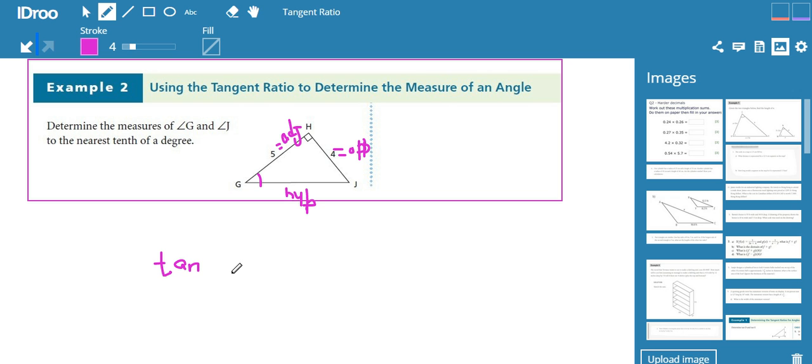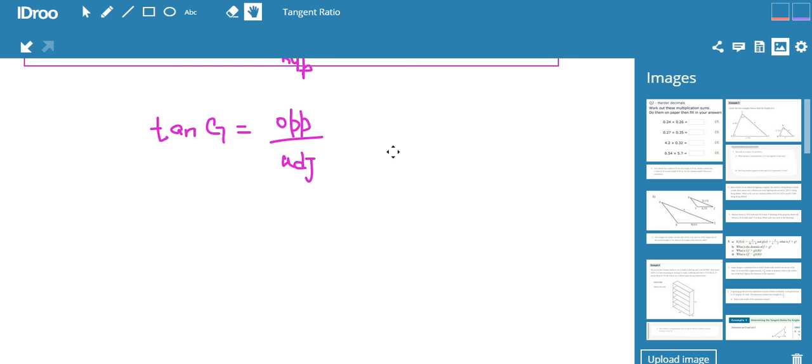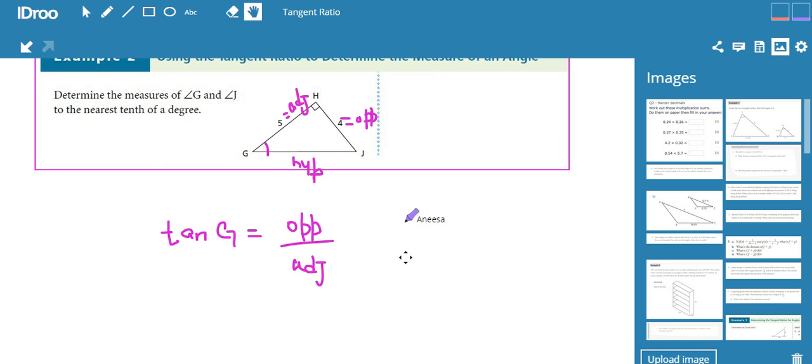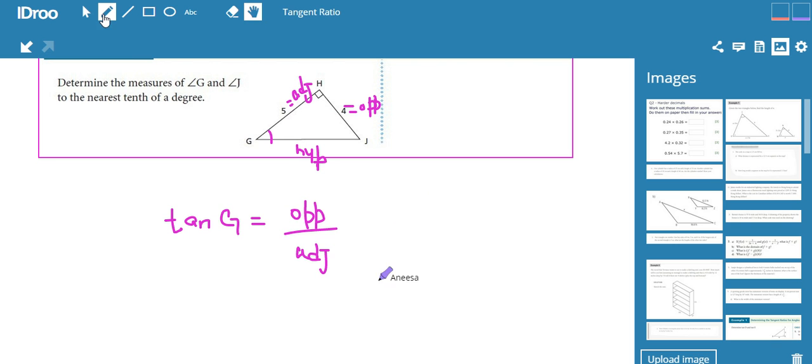Tangent G equals opposite over adjacent, right? So what's the value of opposite? 4, and the adjacent value is 5.